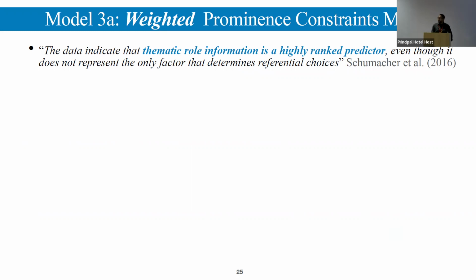Now, from the data, Schumacher et al. suggested that even though all the prominence factors are interacting, thematic role has a higher weightage. It's more important than other factors as far as personal pronouns and demonstrative pronouns are concerned.